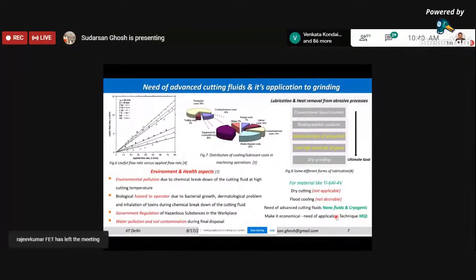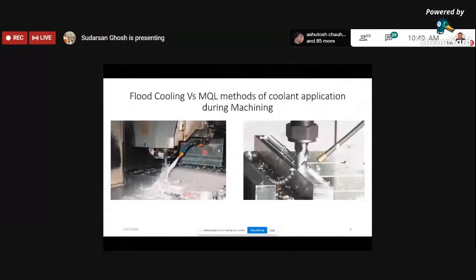So we have to adopt this minimum quantity lubrication technique for the effective usage of the nanofluids. Now you can get a better feel for this voluminous usage of the cutting fluid by observing these two images.